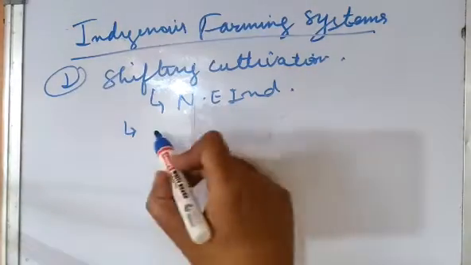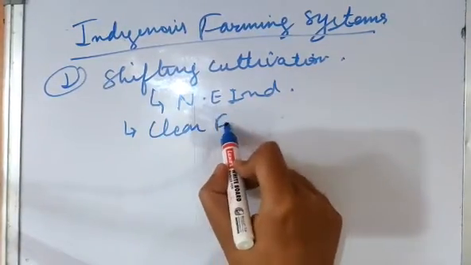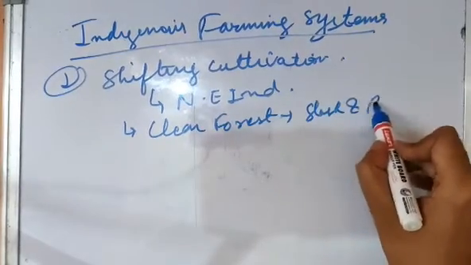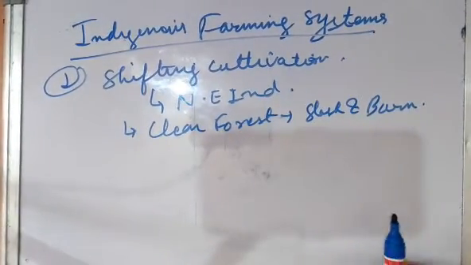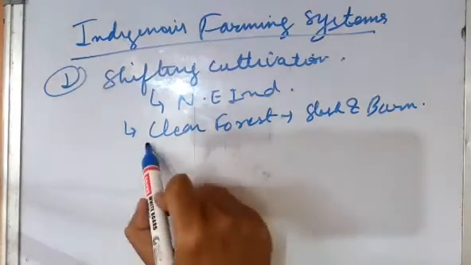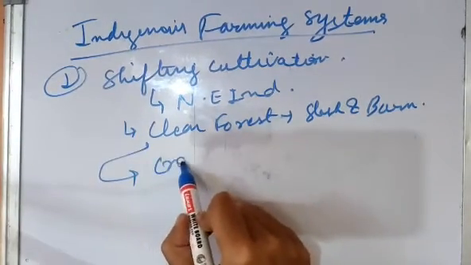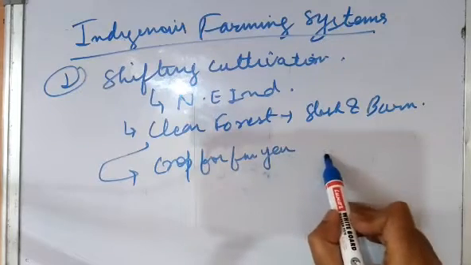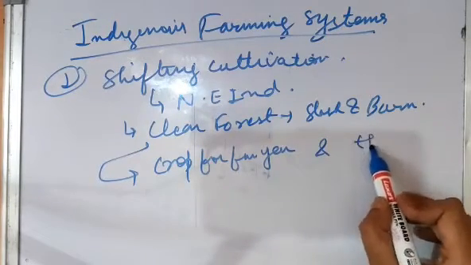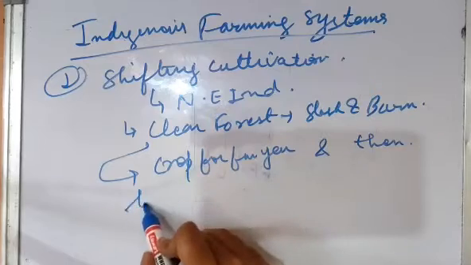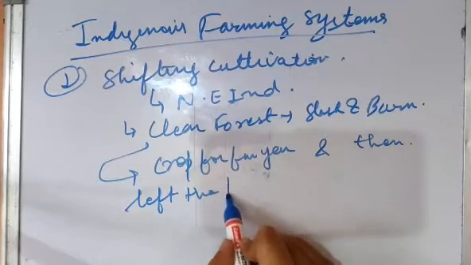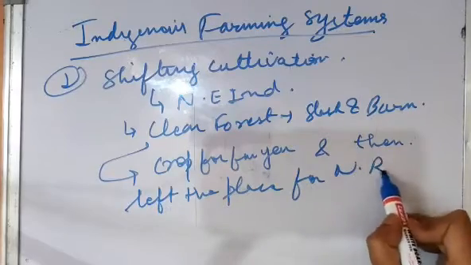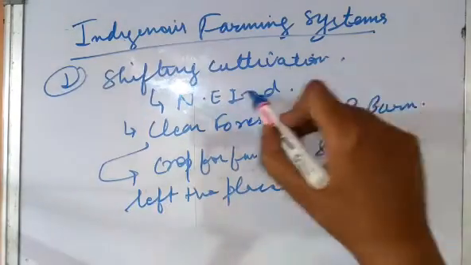Here we clear the forest by the slash and burn method, crop the area for a few years, and then leave the place for natural regeneration. It is also known as jhooming.